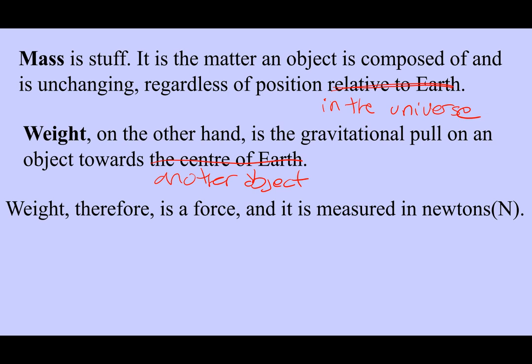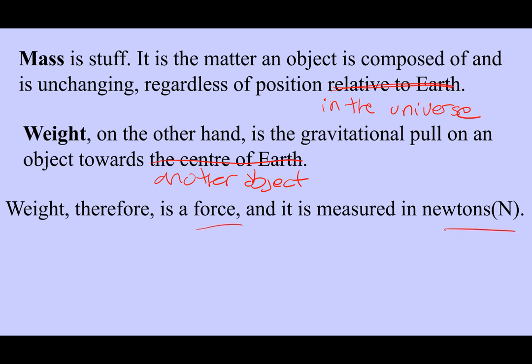But really, it could be anything in the universe. It could be two of you out in deep space that have some force of gravity towards each other. So limiting it to the Earth is really not the point of this lesson, so I'll make those two changes. Weight is therefore a force, and therefore we measure it in newtons, right?